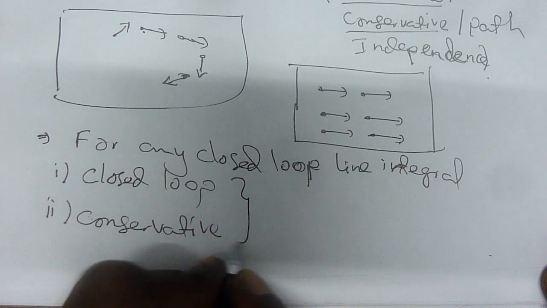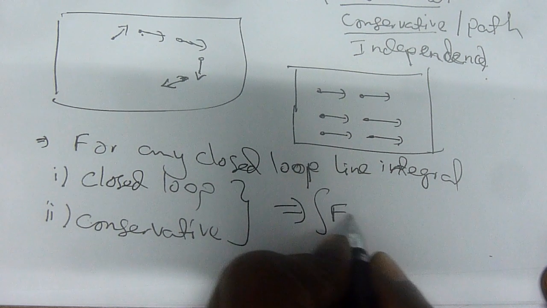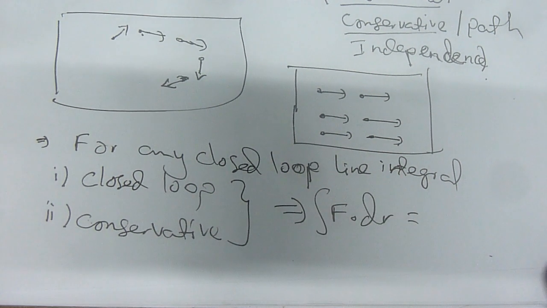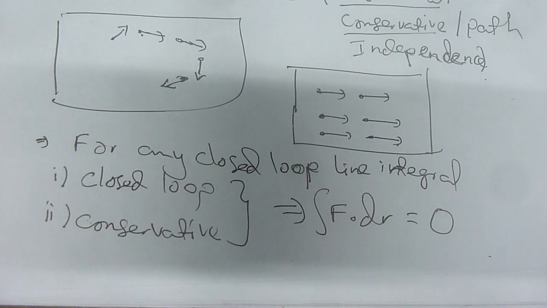We did learn something called path integration. Can you guess what is the path integration solution of this? Can you guess or not? If it is a closed loop and conservative, what is the solution of this? It's 0. Why is it 0?